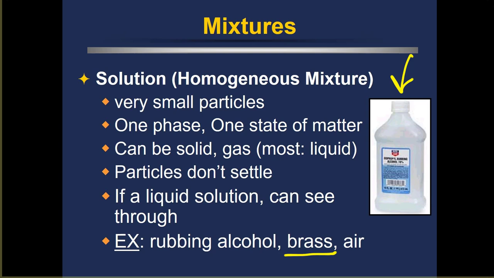We don't walk across the room and go from one pocket of oxygen to the next pocket of oxygen. It's just completely mixed homogeneously. So it's an example of a gaseous homogeneous mixture or a solution.